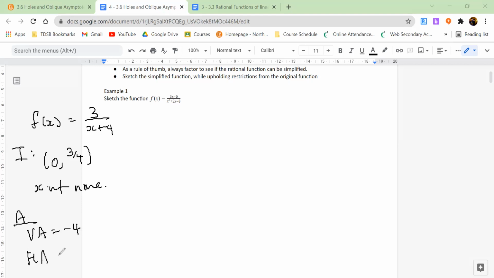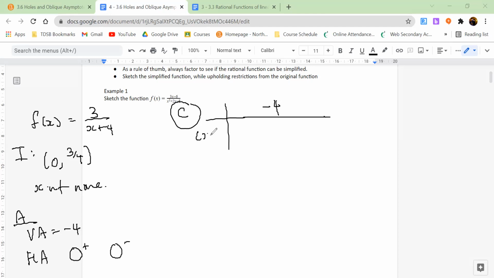For the horizontal asymptote, it's going to approach 0 from the positive end and 0 from the negative end. And then the chart was where I was at. Negative 4, x plus 4. So question, Yusuf, you were asking, what was it?